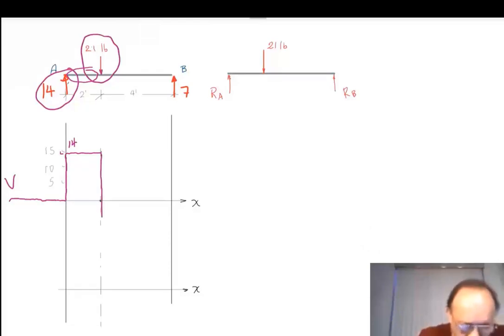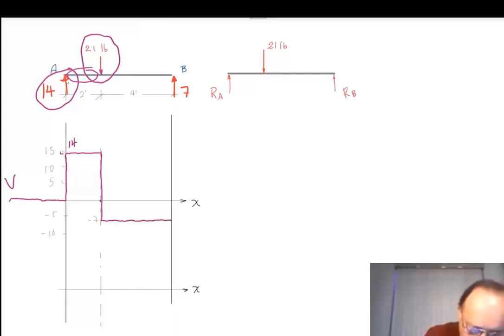What is 14 minus 21? Minus 7. So I have to put my scale here, minus 5, minus 10. At minus 7, you stop, and you keep going.